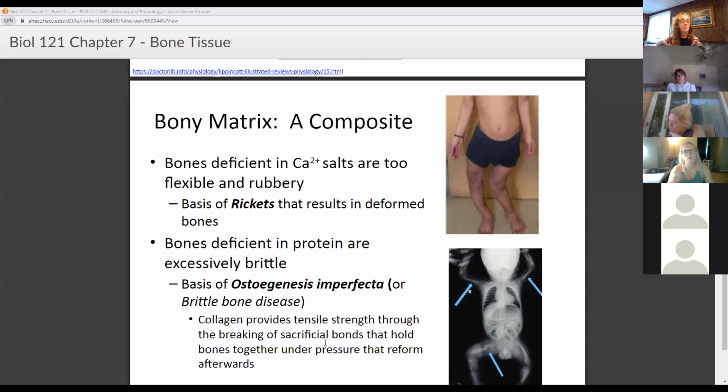So the collagen provides great strength through being able to break bonds that hold bones together under pressure and that can reform afterwards. This is lost in the disease osteogenesis imperfecta.